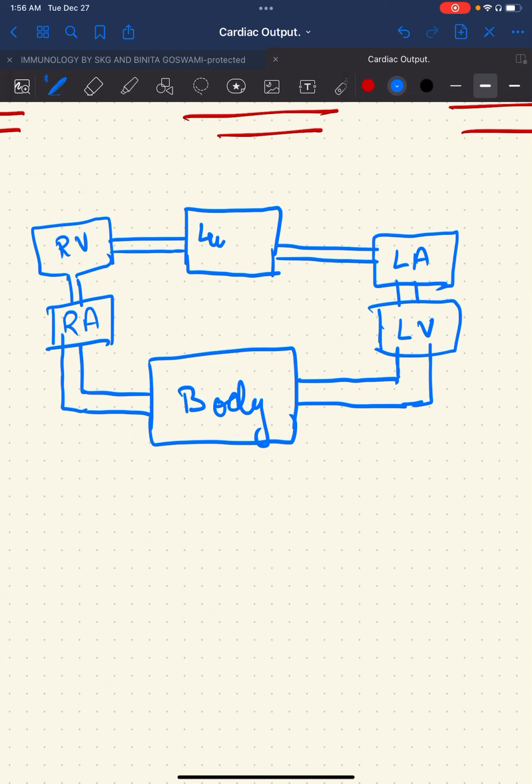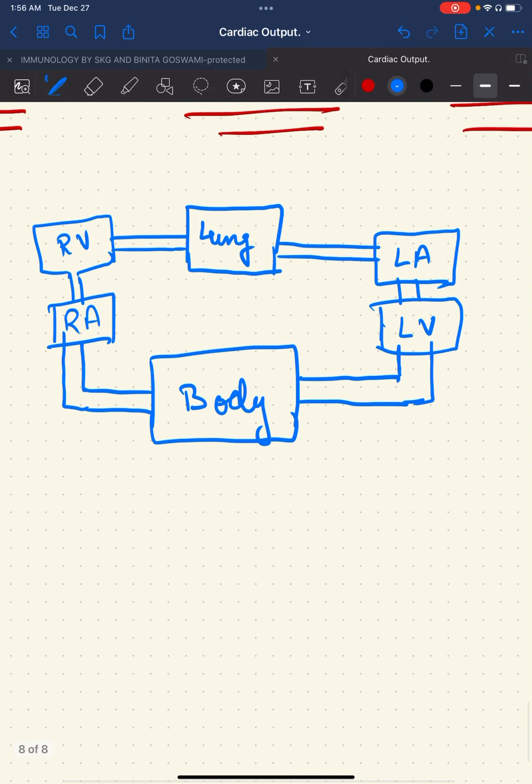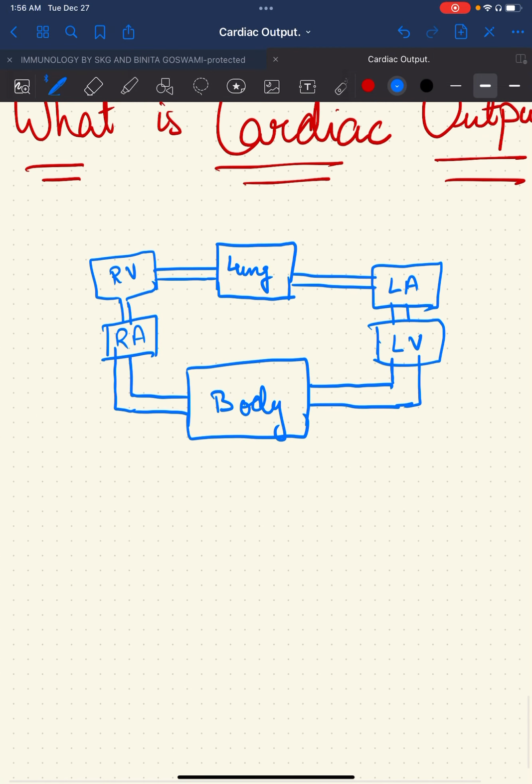This is our lung. So actually blood flows in this manner. So you can see that in each circulation, blood actually passes twice from the heart.